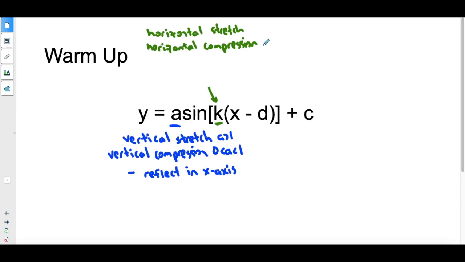If my k value is between 0 and 1, that's going to be a horizontal stretch. And if my k value is greater than 1, that's going to be a horizontal compression. And if my k value is negative, then we just reflect the graph in the y-axis.